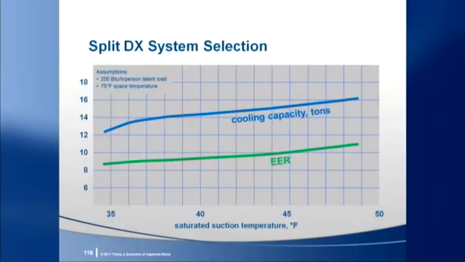For a split system, the selection of the cooling coil is important for efficiency and stable operation. This chart shows EER and capacity versus design saturated suction. It clearly shows improvements in both EER and capacity as the saturated suction temperature increases. All systems will work at design load, but what happens when the load falls off below the minimum stage of the compressor?